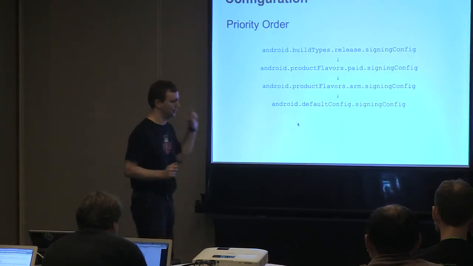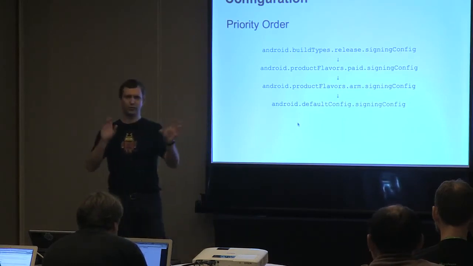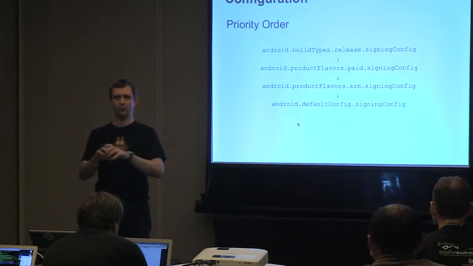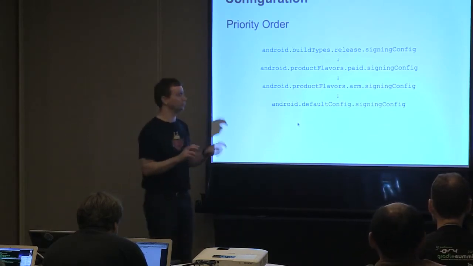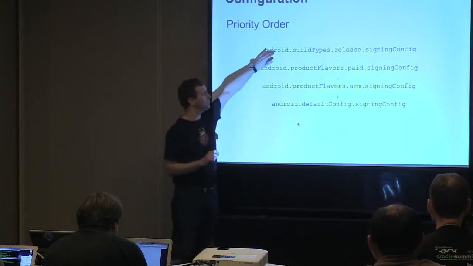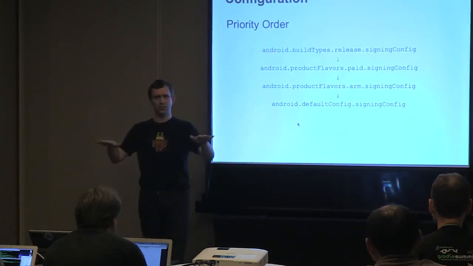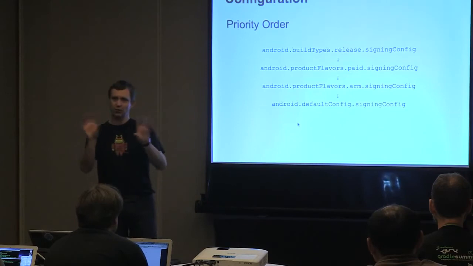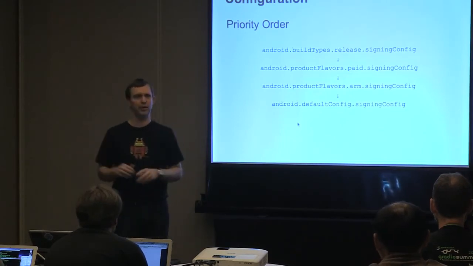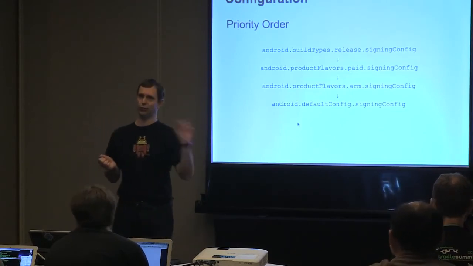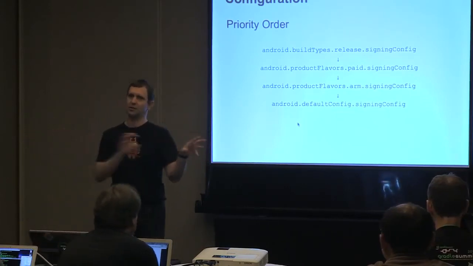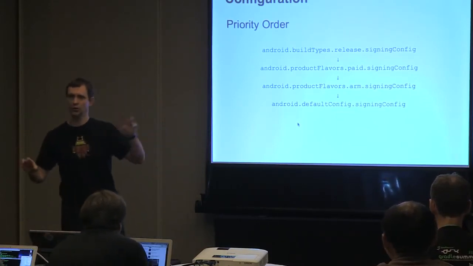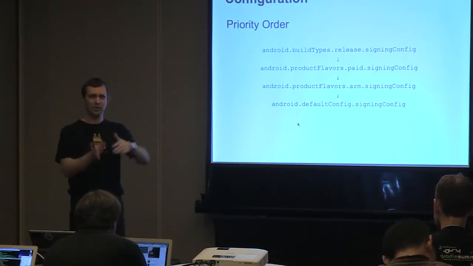If you have, let's say, free versus paid, you probably want to sign them with the same key. So you would put your release signing information in a release, because then every release gets signed with the same one. However, if your two different applications are not free versus paid, but they're, let's say, Google versus Nook versus Amazon, maybe you have some signing requirements on each of those stores, and so you want them to be signed separately.